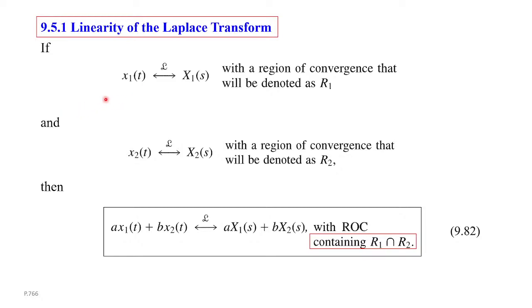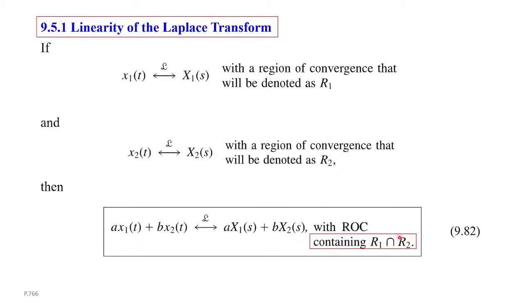So let's say everything once again. Signal number 1 has a Laplace transform with ROC number 1, and signal number 2 has a Laplace transform with ROC number 2. Then for a linear combination of those two signals, a x1 plus b x2, the Laplace transform is also a linear combination, just like in all the Fourier transforms: a big X1 plus b big X2.